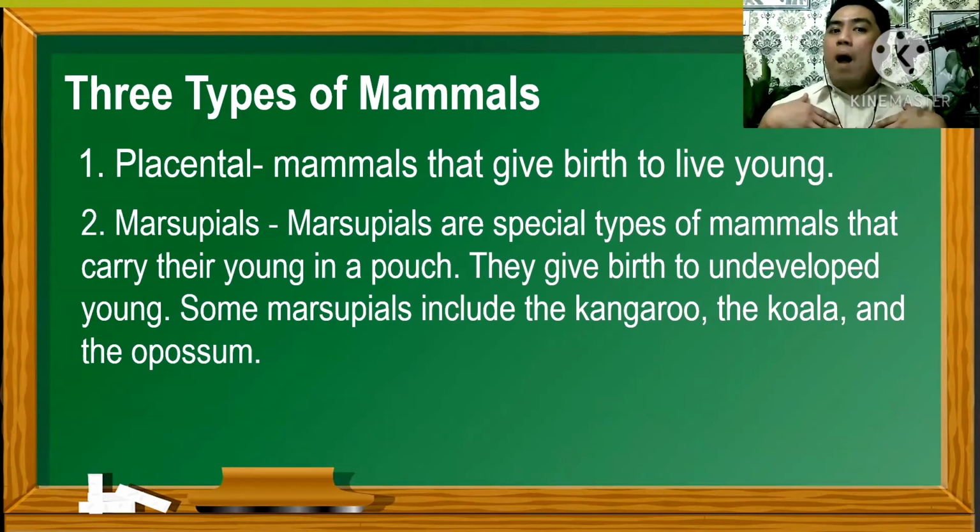So ang mga mother mammal, meron silang pouch. They give birth to undeveloped young. So pag ipinanganak na itong mga anak nila, dumidiretso yan at pumapasok dun sa pouch nila hanggang sa ma-fully develop ang baby mammal. Okay. Some examples of marsupials include the kangaroo, the koala, and the opossum.